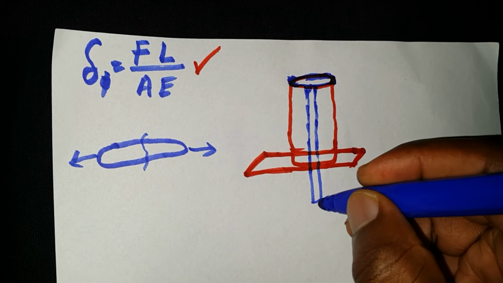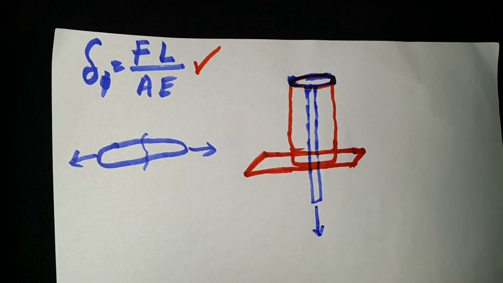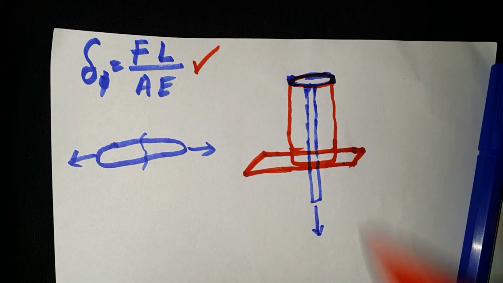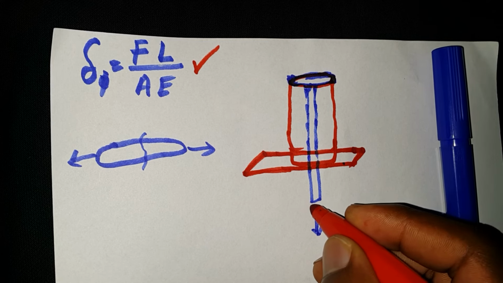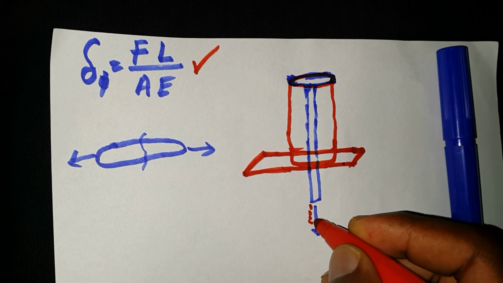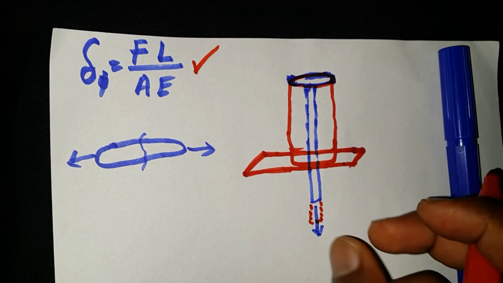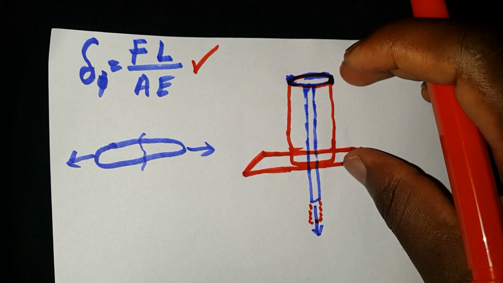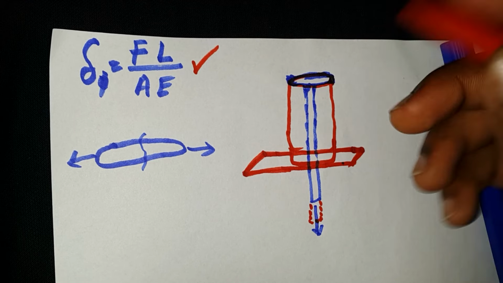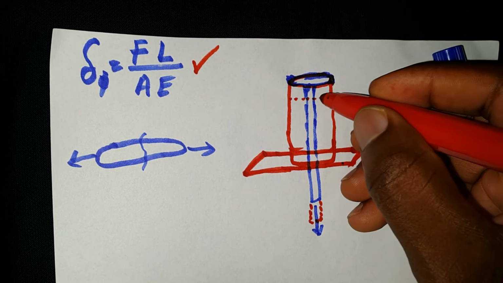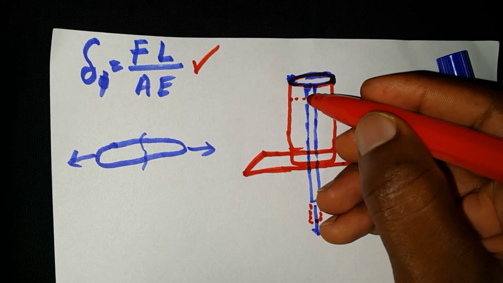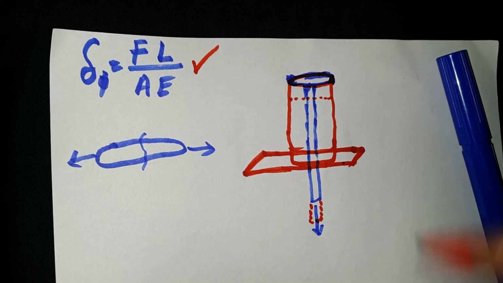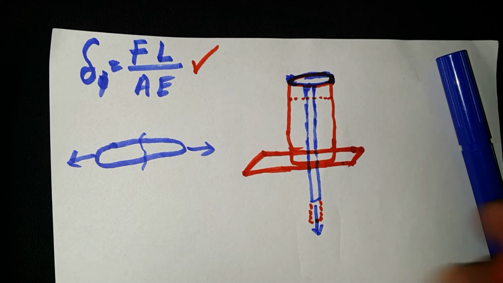Then when it comes outside, they start applying a force, in the sense that this is a fixed point, and from here the rod will try to elongate, to extend, while the cylinder will try to compress. So the cylinder will try to compress here, while the rod will try to elongate here.